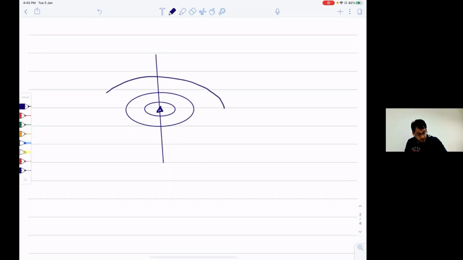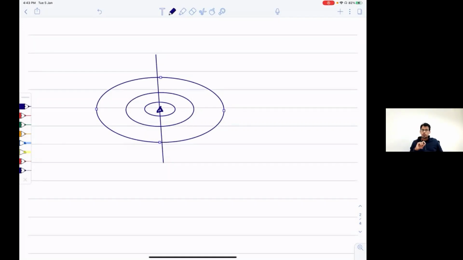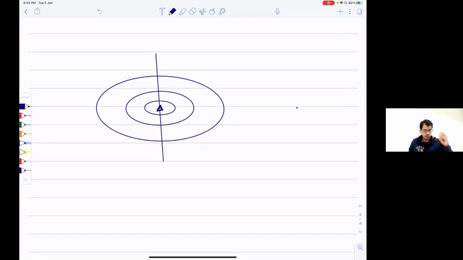So if I want to draw a line of force, how will I draw? This is the first line of force. Let's say it is circular in shape. This will be second line of force. This is third line of force. Now, I hope you are able to observe one thing. If I look at this element from the top, this is the conductor, just the tip.